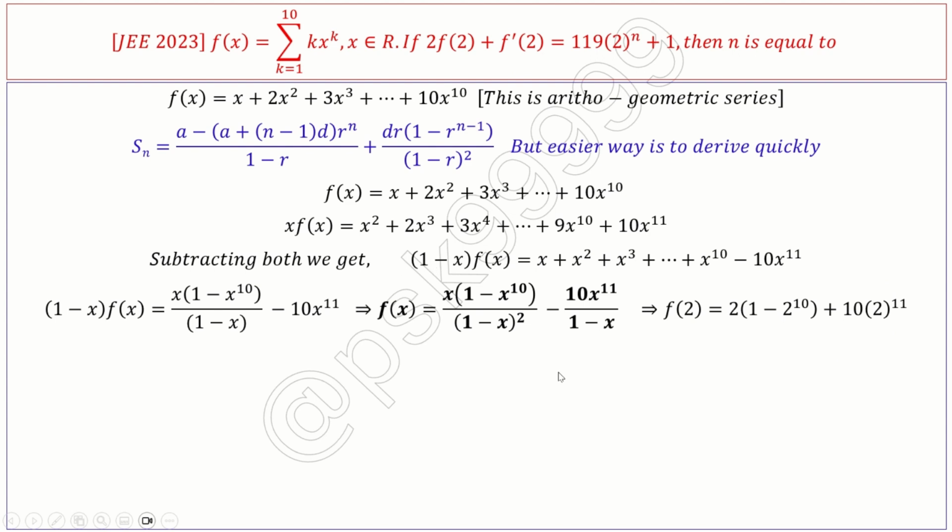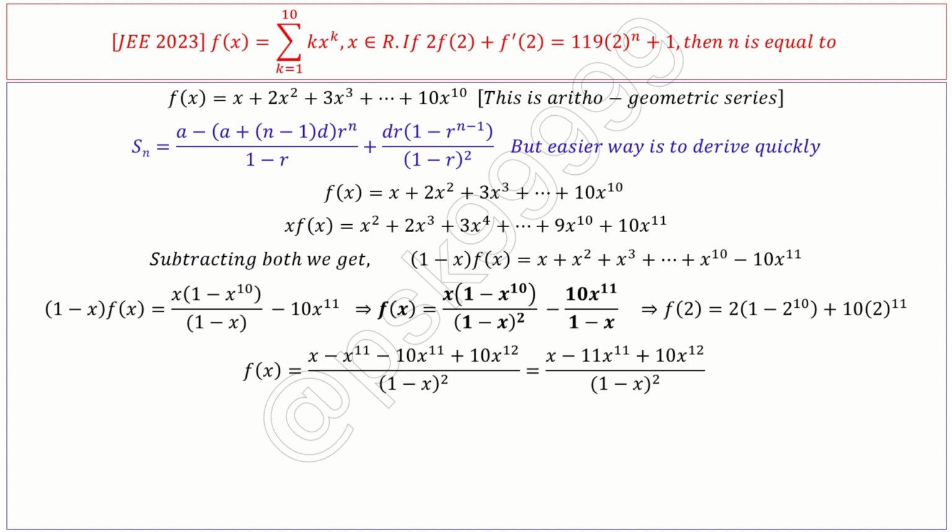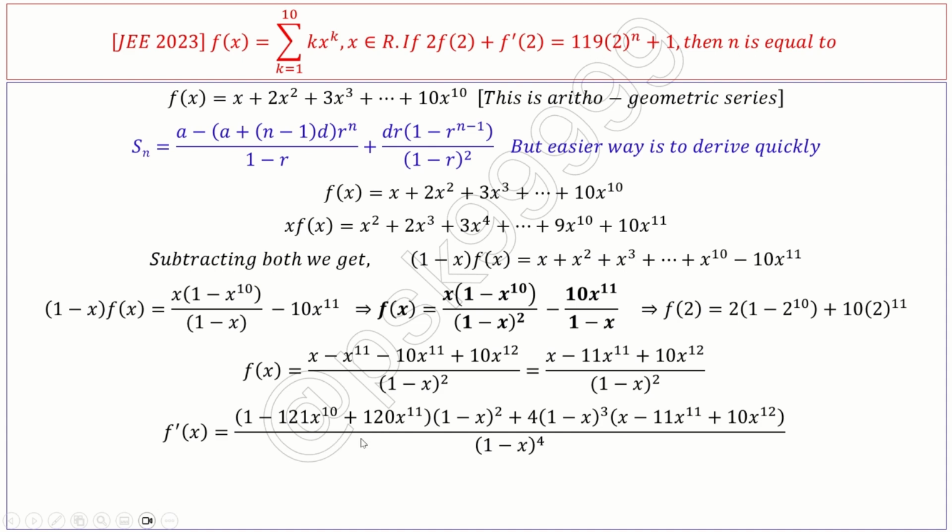Now you take this expression and take the LCM, because you can differentiate this one directly, but if you take the LCM, it is easy. You take the LCM and simplify, and what you will get is x minus 11 times x to the power of 11 plus 10 times x to the power of 12 divided by 1 minus x whole square. Now this is in u by v form, correct? Now f dash x is u by v, and you apply u by v differentiation here. The denominator is 1 minus x whole to the power of 4, because it is square here.